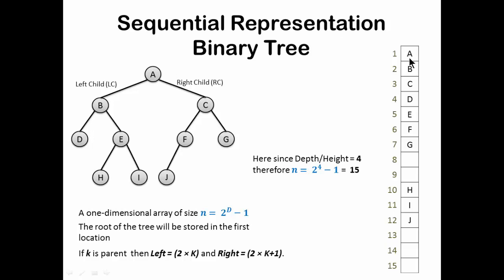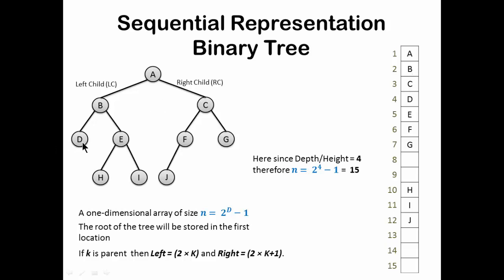So the root has a place at this location. If you remember, we said that the left child is always at twice k and the right child is always at twice k plus 1. The left child of A is B, so where should B be stored? Since A is at index 1, twice 1 is 2, so B should come over here. Similarly, C should come at twice 1 plus 1, that is 3.